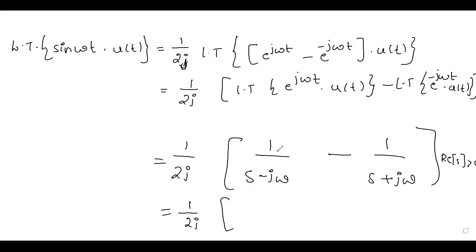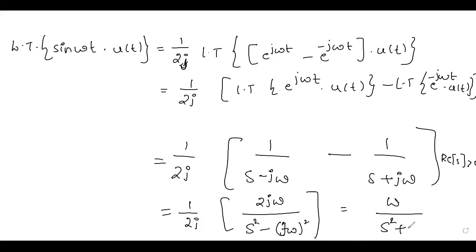S plus j omega minus s plus j omega. So in the numerator we get 2j omega, whole divided by a square minus b square. In place of b square, j omega square. So j will get cancelled, 2 will also get cancelled. Then we get the function omega by s square plus omega square, where real part of s is greater than 0.